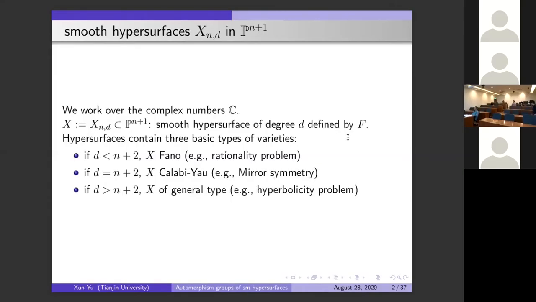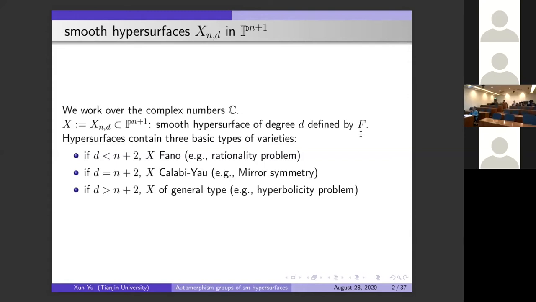Consider a hypersurface of degree d and dimension n, defined by a polynomial f. We know hypersurfaces consist of three basic types of varieties: Fano, Calabi-Yau, and general type.